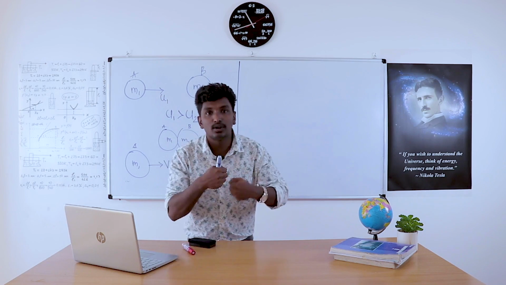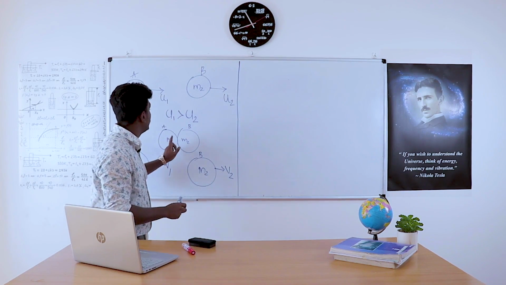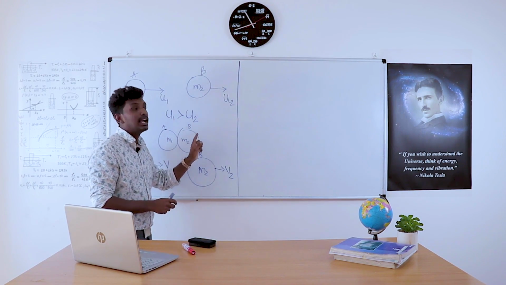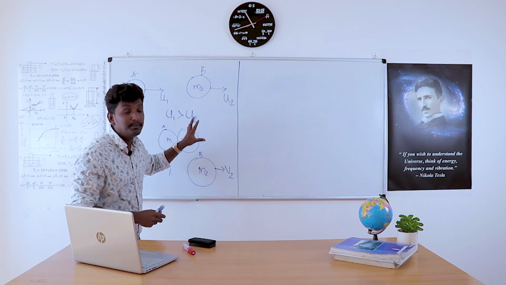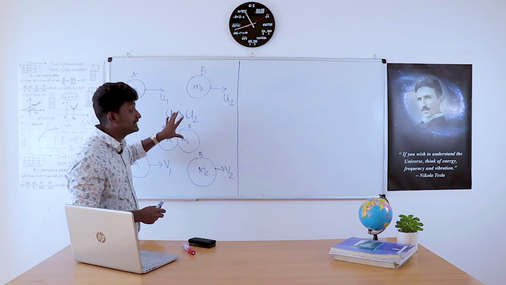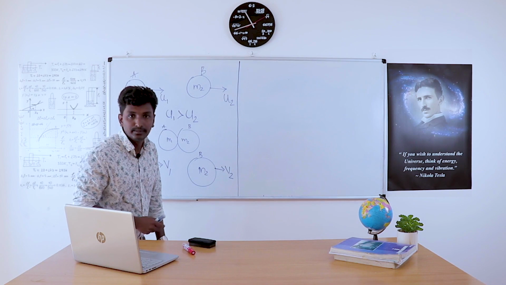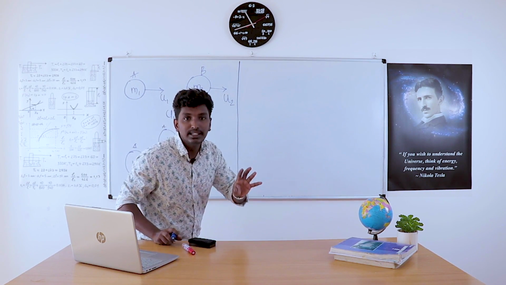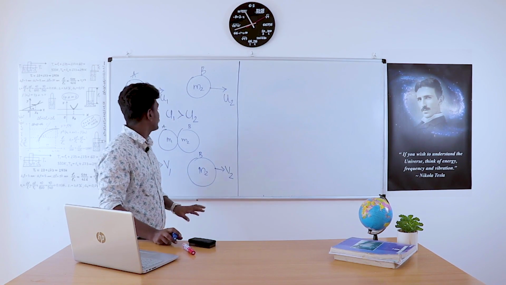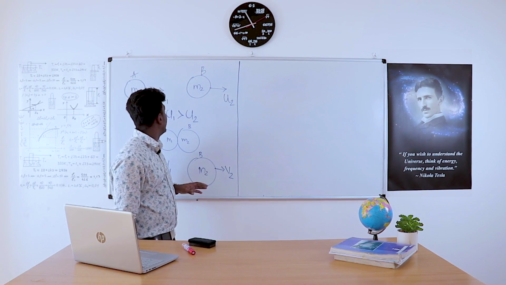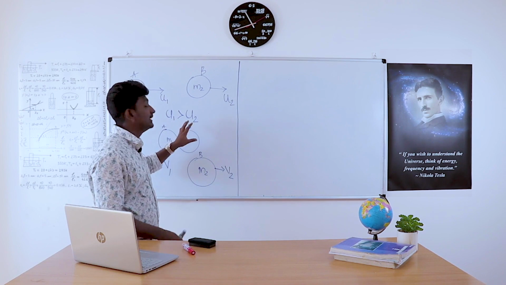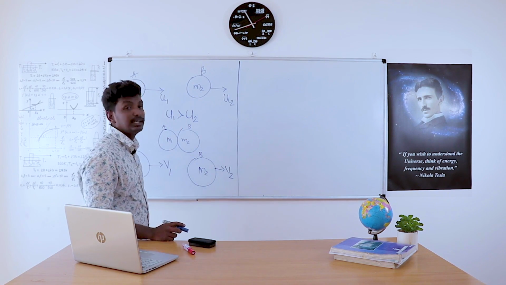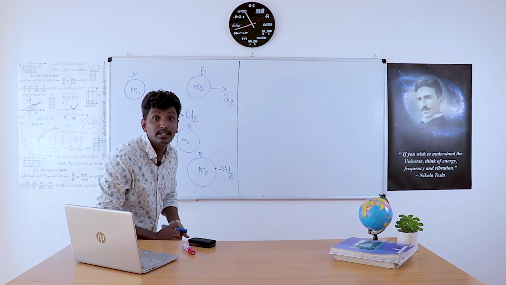When two objects collide, A will exert a force on B, and at the same time B will exert a force on A. These forces are equal and opposite. That's what we are trying to prove.